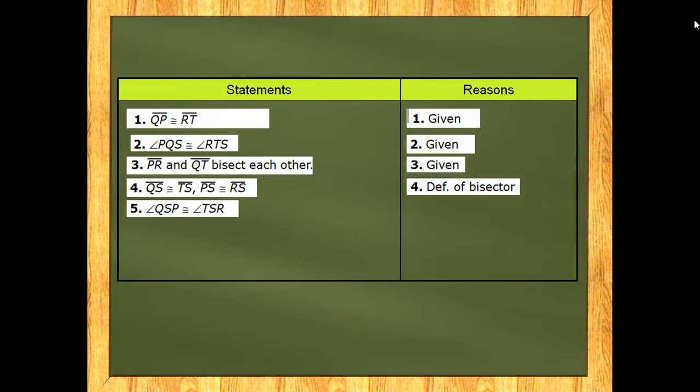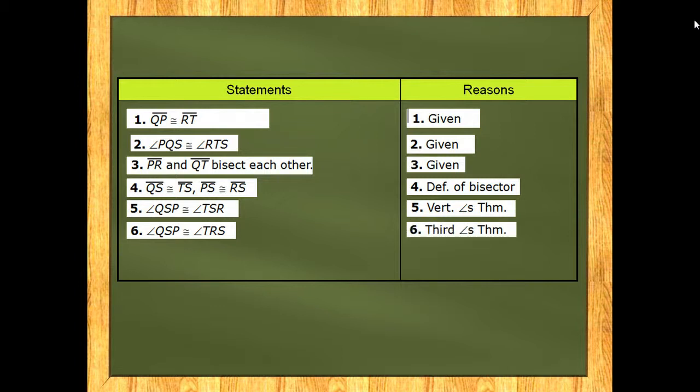Angle QSP is congruent to TSR, vertical angles theorem. Angle QPS is congruent to TRS, that's by the third angles theorem. And thus, the two triangles are congruent by definition of congruent triangles.